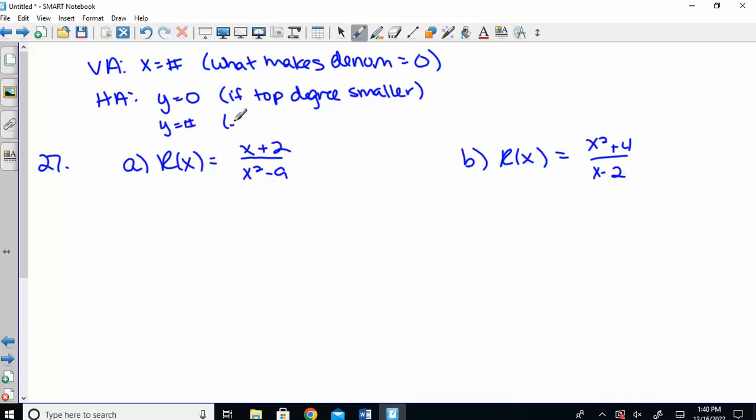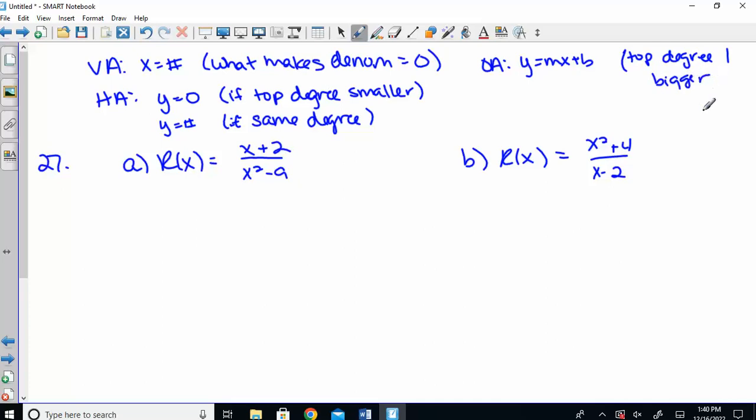And you get y equals a different number if they have the same degree, and you get that number by dividing leading coefficients. Oblique asymptote is y equals mx plus b, and that happens when the top degree is 1 bigger than the bottom.